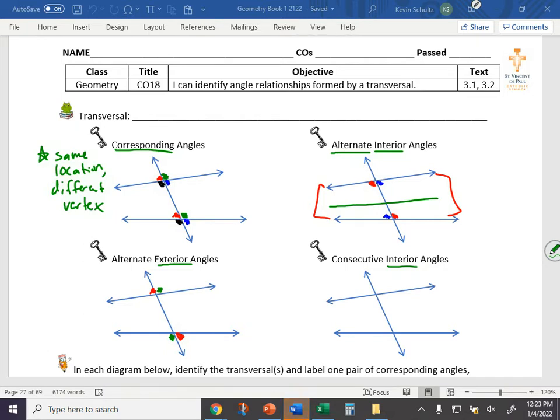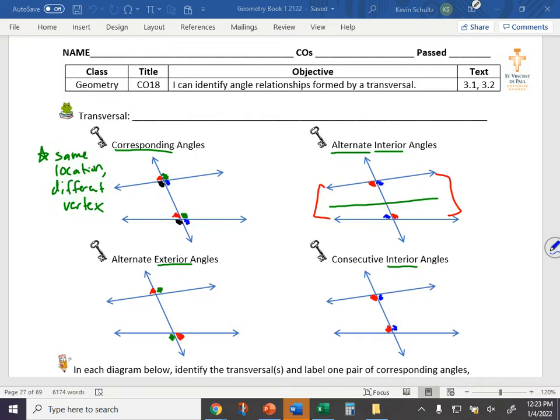In this context, it's saying that unlike alternate interior angles, consecutive interior angles are going to be on the same side of the transversal. Okay, so in red there would be a pair of consecutive interior angles. Same side of the transversal and inside the lines. The other pair would be same side of the transversal and inside the lines as well.